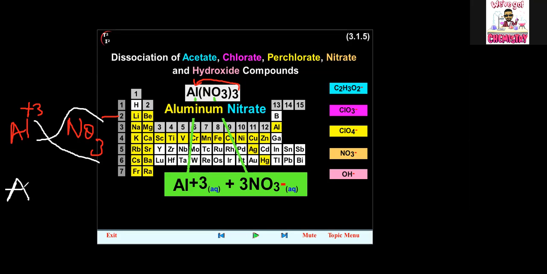So you have Al and NO3. Remember, this is nitrate. The formula doesn't change. So these three, which is the charge on the aluminum, comes down to nitrate. That's why you have Al(NO3)3, just like you have right here. And when they break down, they go back to where they came from. It's like a reverse reaction. Just remember that. That will help you a lot.